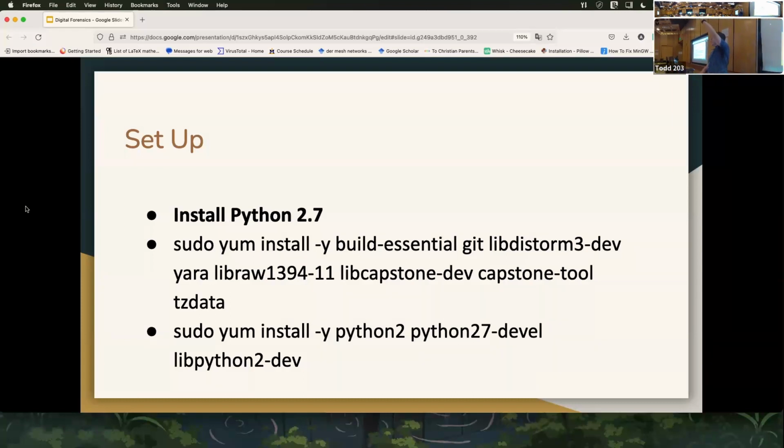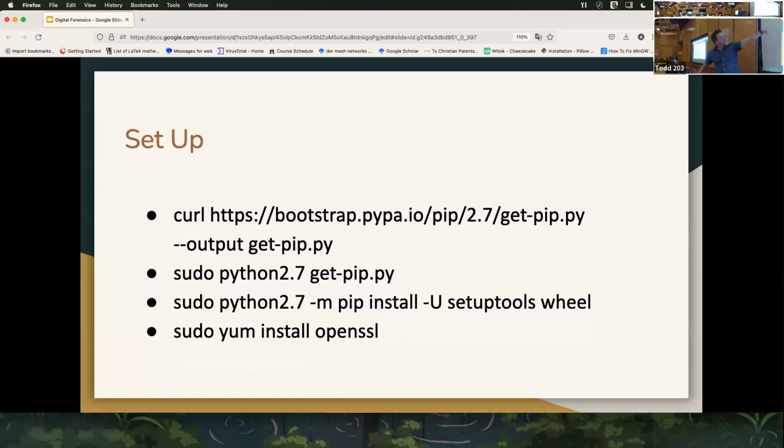Good. Everybody good with this slide? Cool. Moving on. Need to get pip.